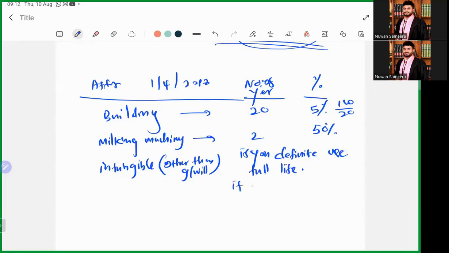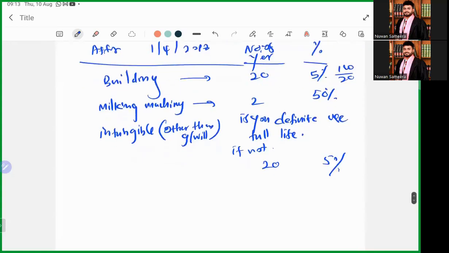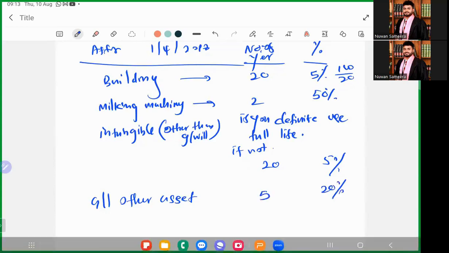If not, it is 20 years, 5%. And all other assets, meaning vehicles, computers, office equipment, furniture, are 5 years, 20%. Right.